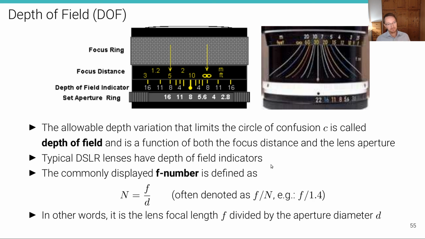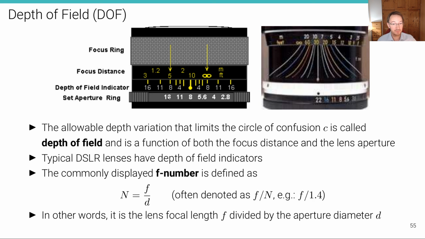Now, the aperture in typical DSLR cameras is indicated by a so-called f number on the lens. And the f number is simply defined as the lens focal length divided by the aperture diameter. So if you have an aperture diameter d that's very small, then you get an f number that is very large.